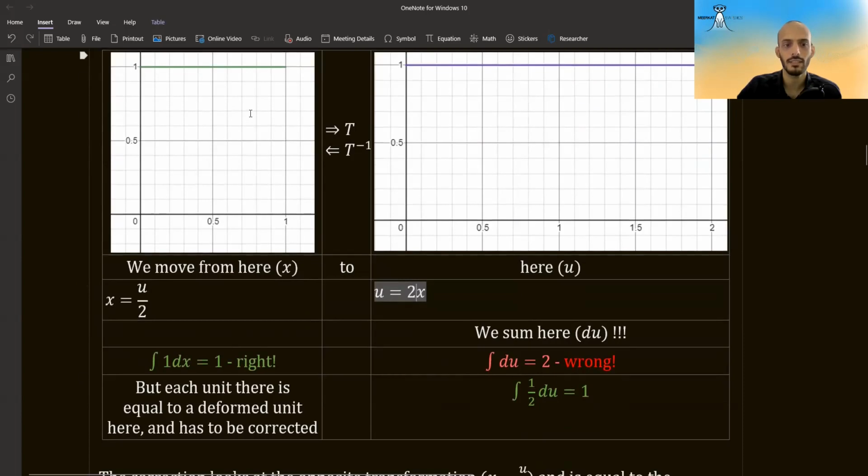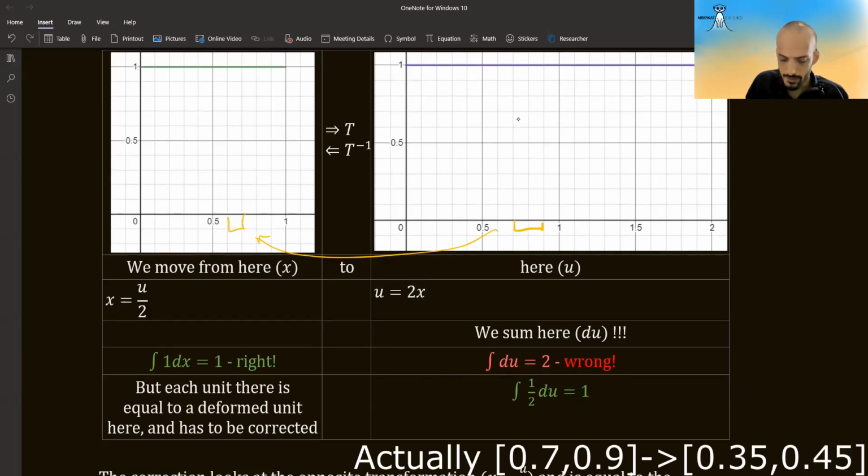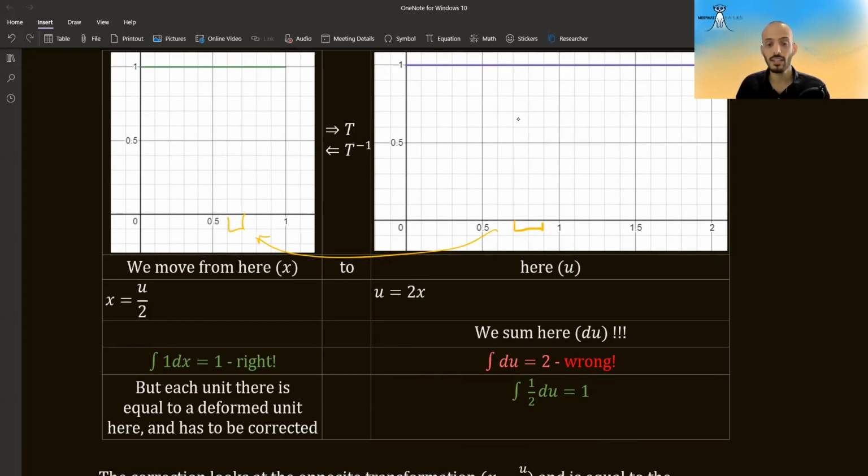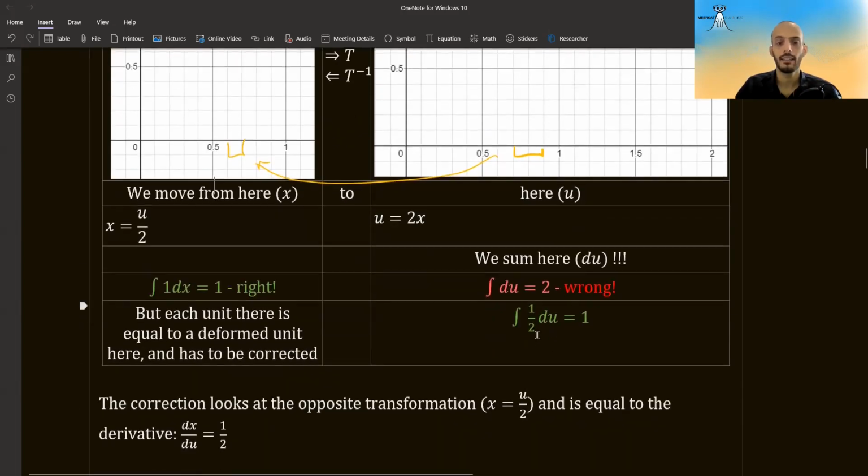Because each unit here is transformed into a unit here. So if we take, for example, this unit here, it is transformed into this unit here, okay? And so we need to correct for this, and the correction is given by the opposite transformation. So we have to always look at the opposite transformation, okay?